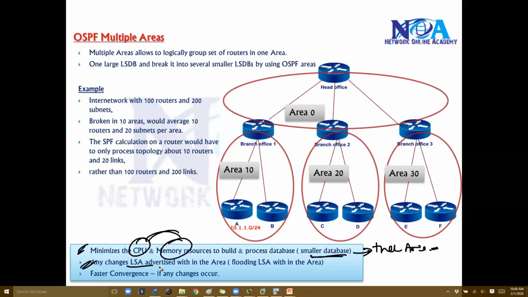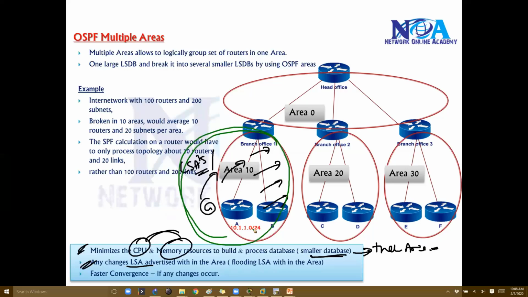And the next thing is when any change occurs. Let's say when this router sends out LSAs, whether the first time or whenever there is any change, these link state advertisements go within this particular area only.